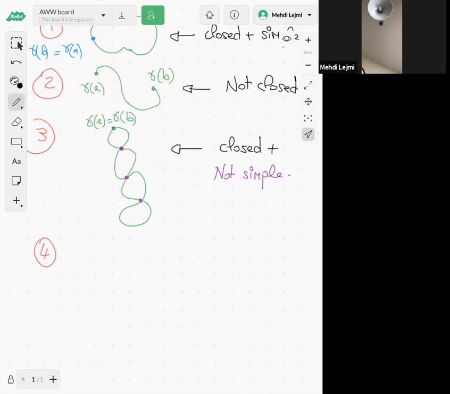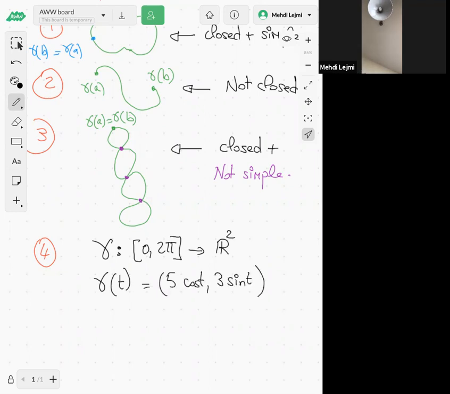Let's say I have this curve gamma from 0 to pi in R2, and let's say gamma of t is equal to 5 cosine of t, 3 sine of t, where t is in the interval 0 to pi.